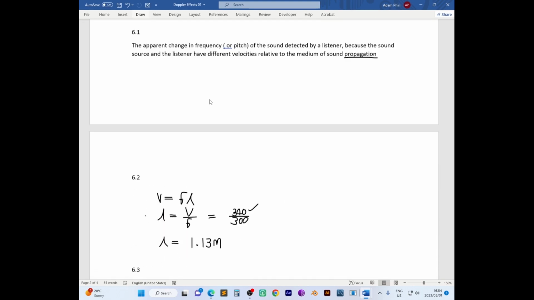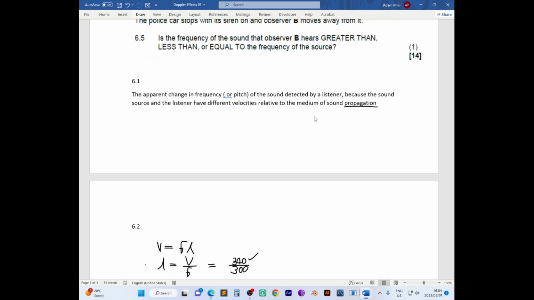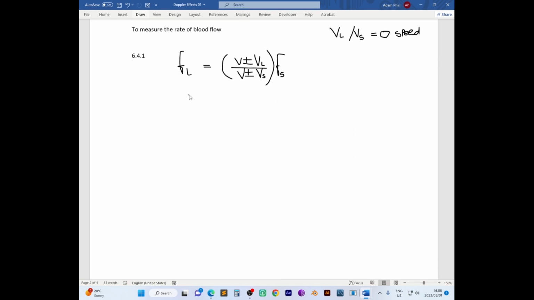So as it approaches the observer, we have to calibrate. So velocity of listener is 0, and VL there, or VS, is 0. So those are two situations. You never have both moving, so one of them should have a 0 speed.